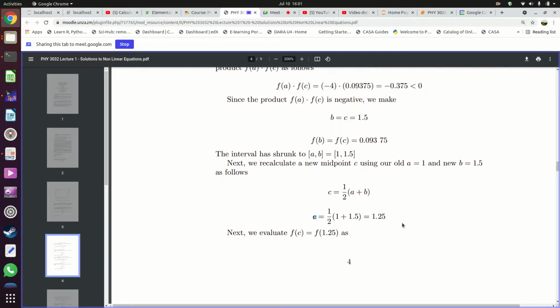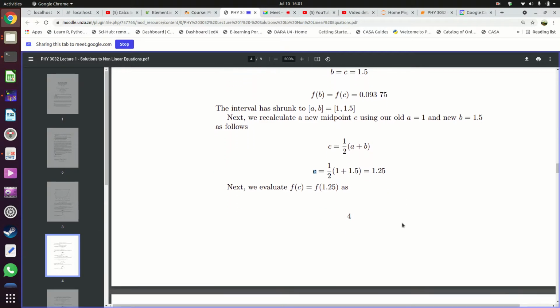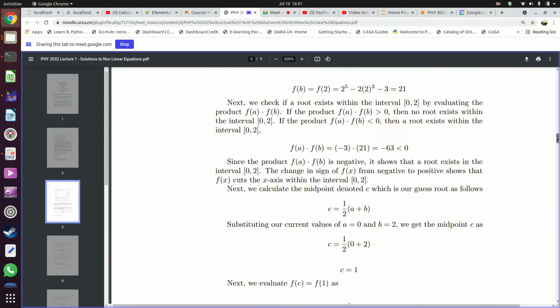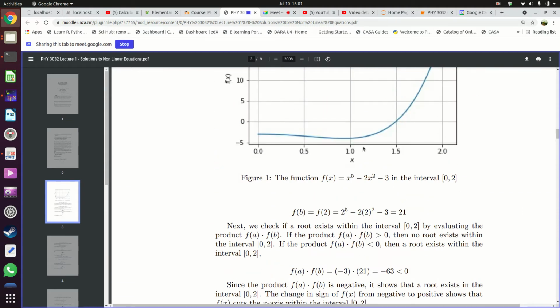So C is 1.25. After we find C, which is 1.25, it is supposed to be somewhere in the middle here, between 1 and 1.5. So this is where our new C is.